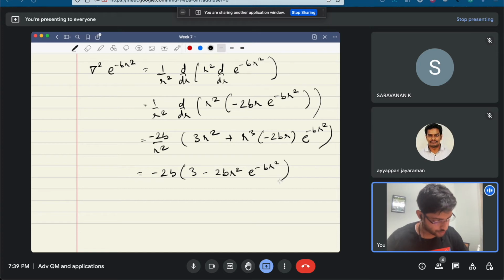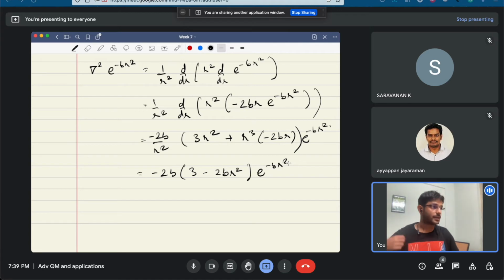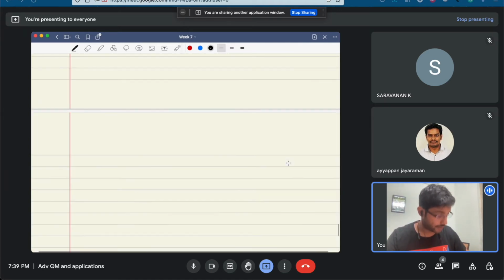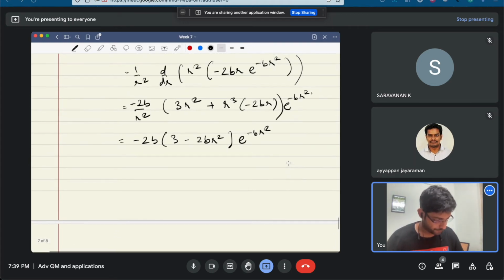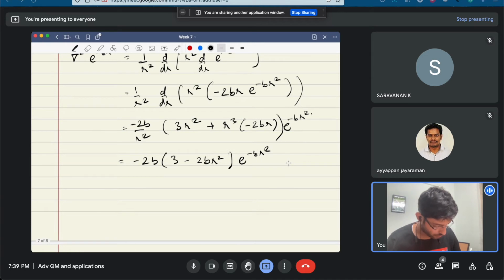Oh right, exponential is common. Sorry. Right, thanks. Okay, so what we do next is we just put this into the integration.